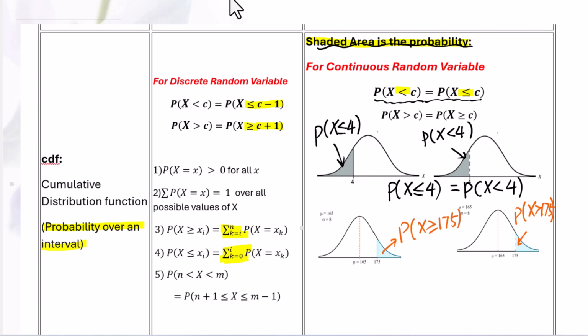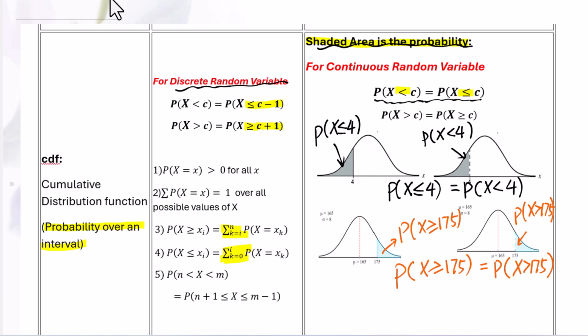Since the shaded areas are equal to each other, the probability of x greater than or equal to 175 equals the probability of x greater than 175. But for discrete random variables, it will be different.